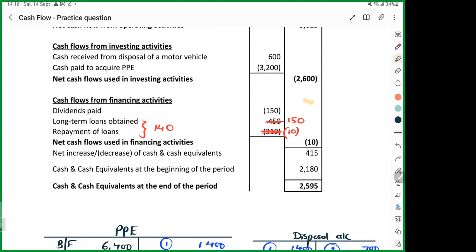How much net cash flow? Minus 150 plus 150 minus 10. Net cash flow is minus 10.